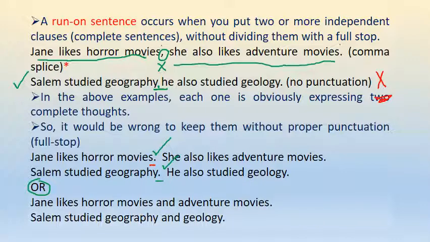Jane likes horror movies and adventure movies. You see how I joined the two independent clauses, the two complete ideas, using a conjunction. Salim studied geography and geology. Both of those are correct, and I do not have a run-on sentence anymore.